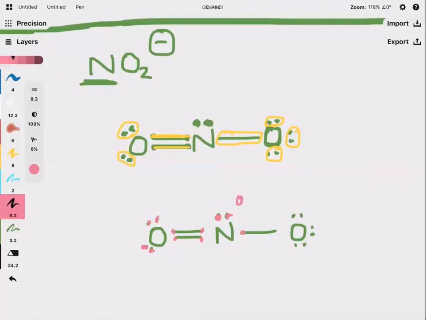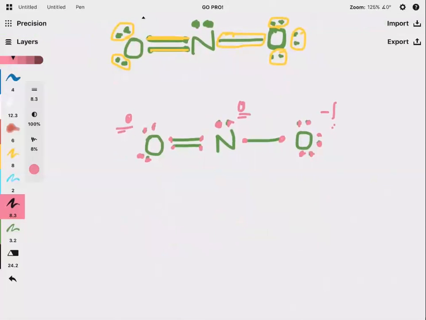So this oxygen has a formal charge of 0. What about the one on the right? 1, 2, 3, 4, 5, 6, 7. That's one too many electrons in its valence shell. One too many. So it must have a formal charge of -1. What's 0 plus 0 plus -1? -1. So our formal charges work out. Here's the long way of doing it, if you're really anal retentive.